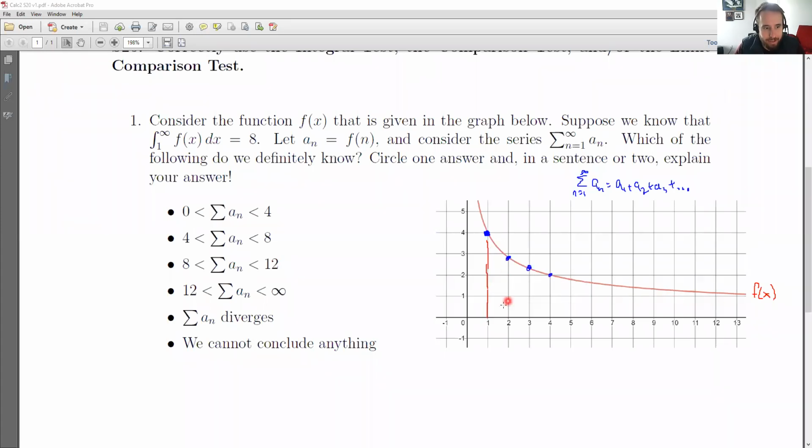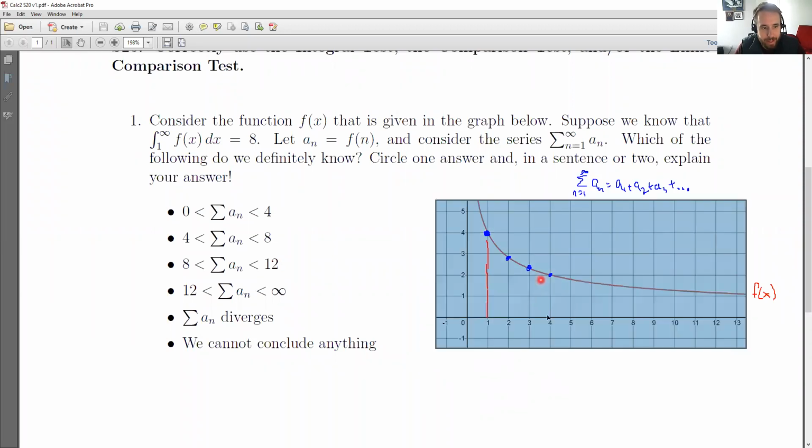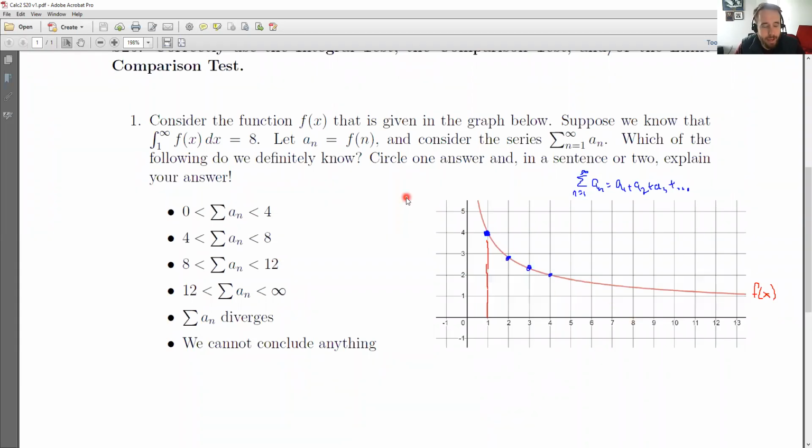We can even just count up a few different squares: 1, 2, 3, 4, 5, 6, 7, 8. Yeah, so this is already well above 8. So that is an example of why maybe this was not the best problem. I should have included a larger number here just to make it more realistic. For that, I apologize. Nobody called me out on it, but it's possible some of you might have been thinking that.